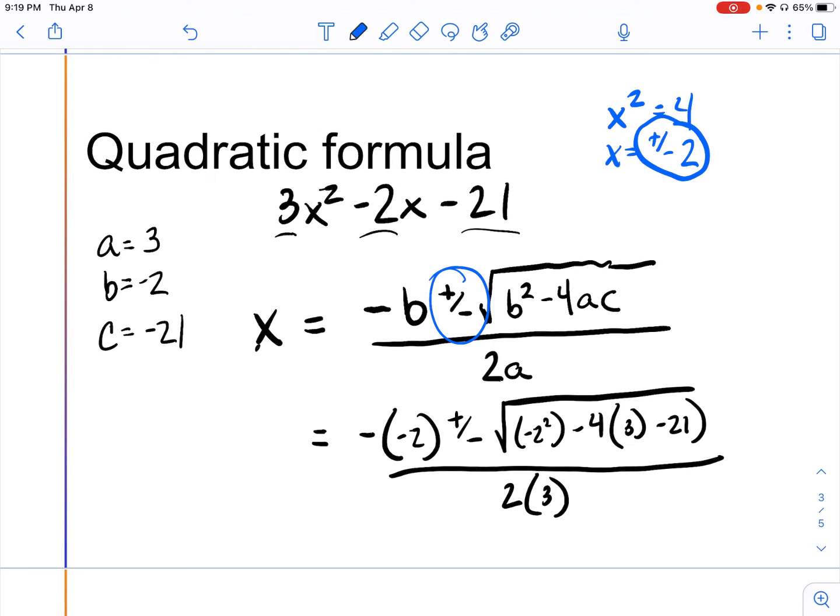So if you have, let's say this is 5, and this is square root of 4, and this ends up being 6, you would have 5 plus 4 over 6, so 9 over 6, and you'd have 5 minus 4 over 6, 1 over 6. You'd get two solutions, but those solutions would not be the same number. It would be two different values that you get out of the quadratic formula.